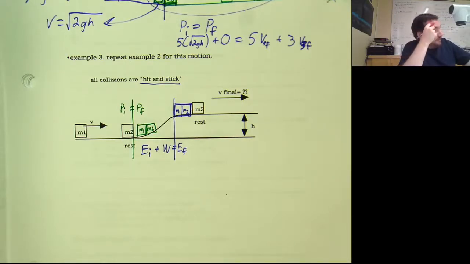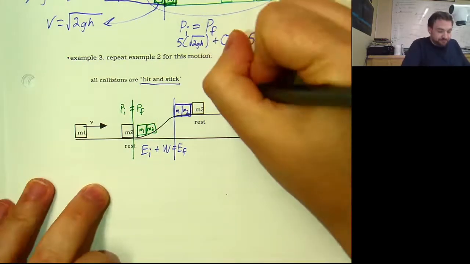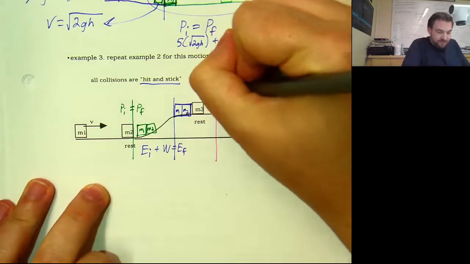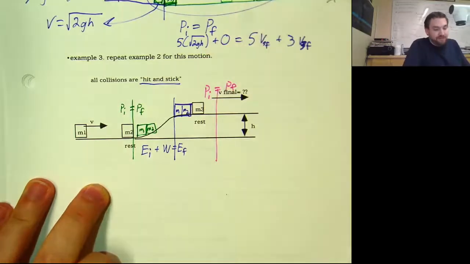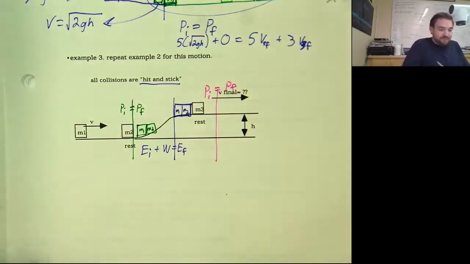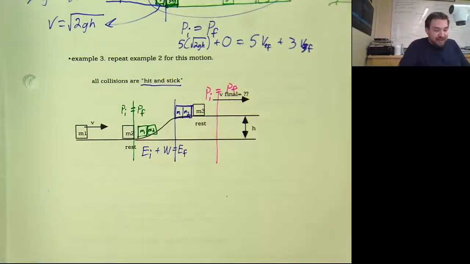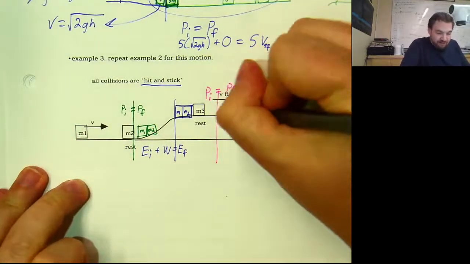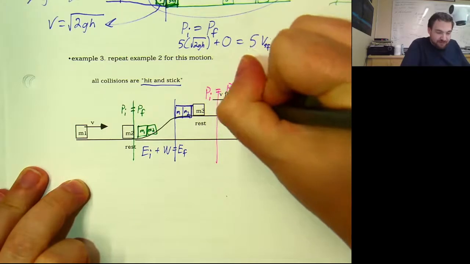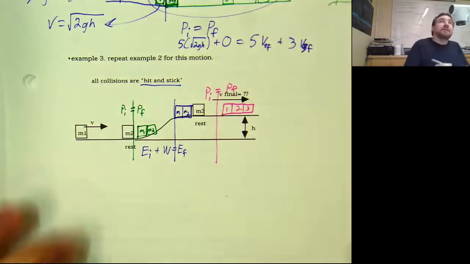Why again, Joseph? There's another collision going on here. Momentum initial equals momentum final. No. They click together. Click, click, click. And so now over here, we're going to have a giant mass of 1, 2, and 3 all combined.